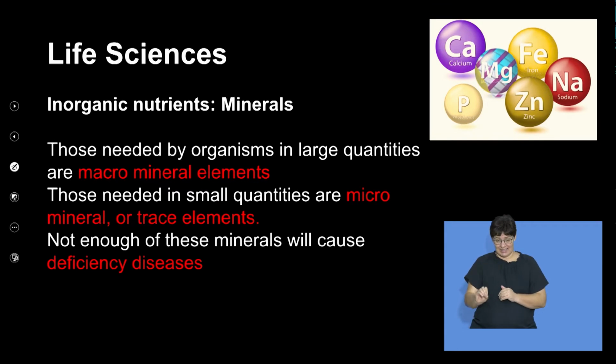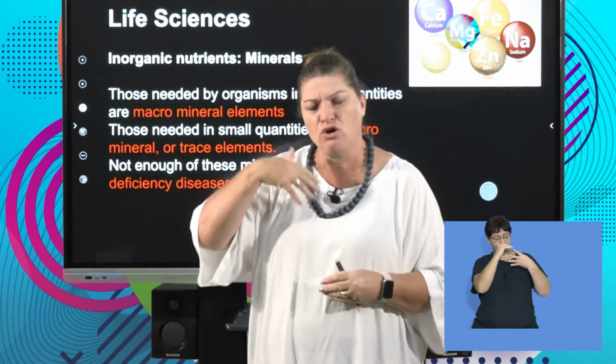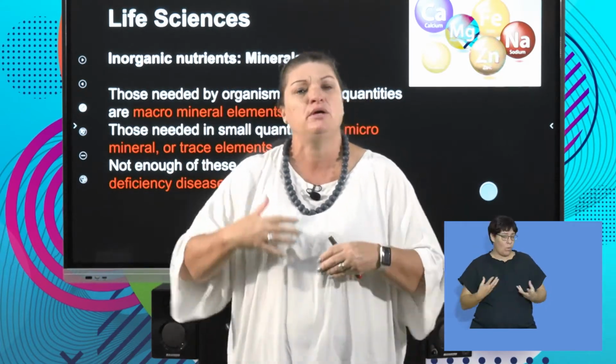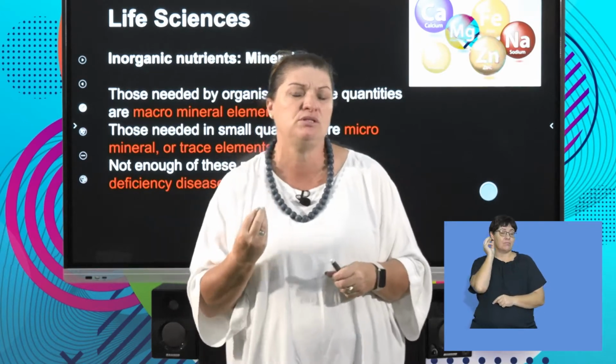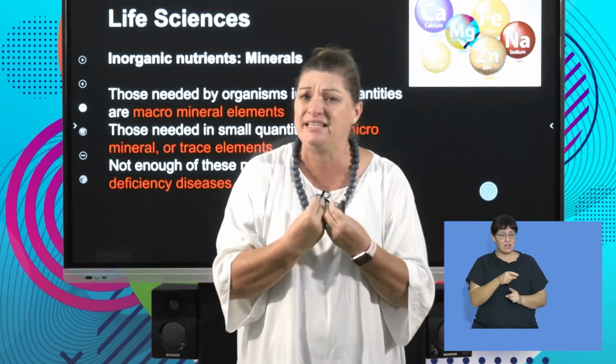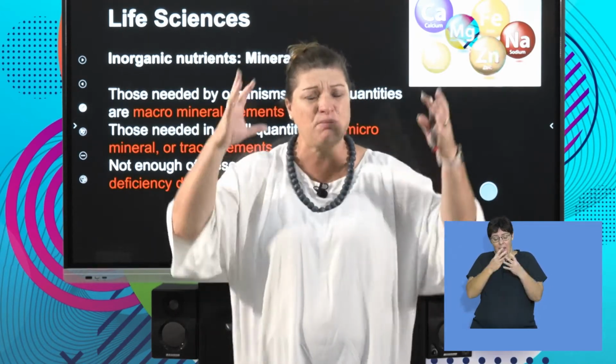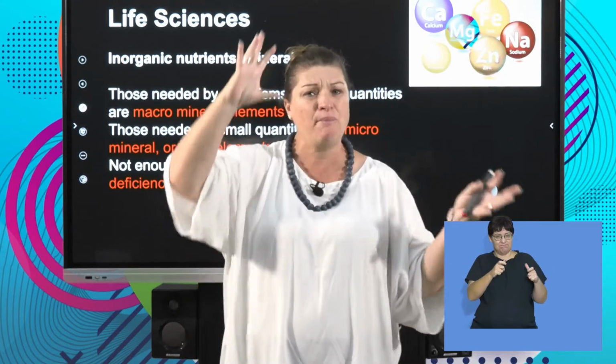Right, our minerals. If you have a look, the reason why I've highlighted certain things in red is that they are important concepts that you need to look at. We go through the list. I'm not going to go through all of them with you, but remember, what were minerals? They were elements that we needed in certain amounts: macro minerals or macronutrients.